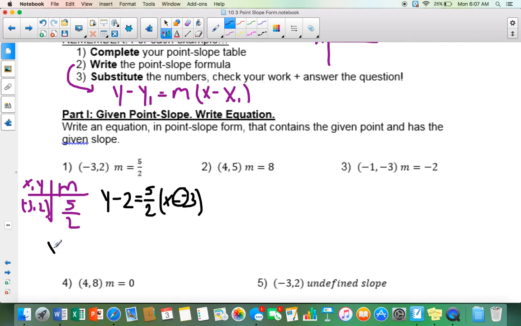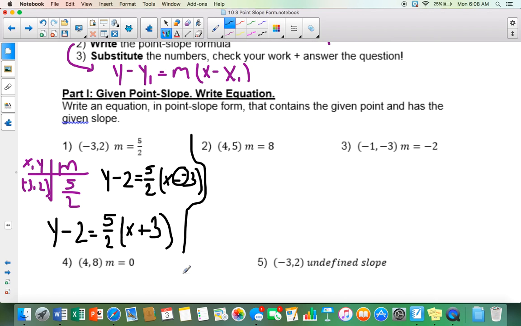So our actual final equation should be written as y minus 2 equals 5 halves times x plus 3, which means I should have a -3 as my x and my +2 as my y from my coordinate point, which I do up here. So that is the first one.